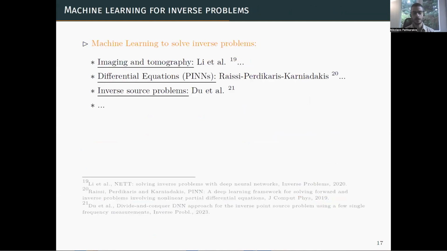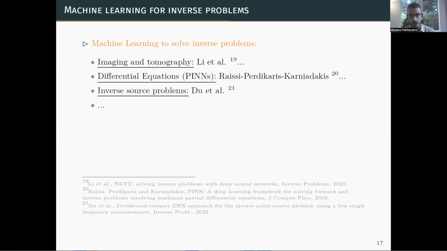Now a quick comment about machine learning in general for inverse problems. Machine learning and inverse problems have been combined lately in many different directions. For example, in problems of imaging and tomography, I refer to this paper in Inverse Problems by Lee et al.